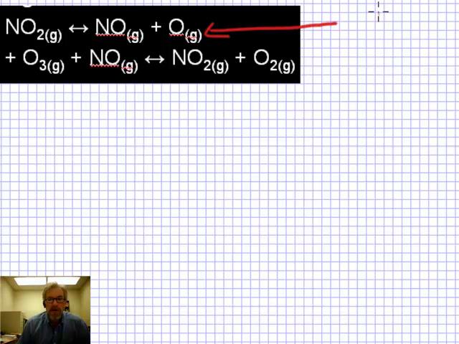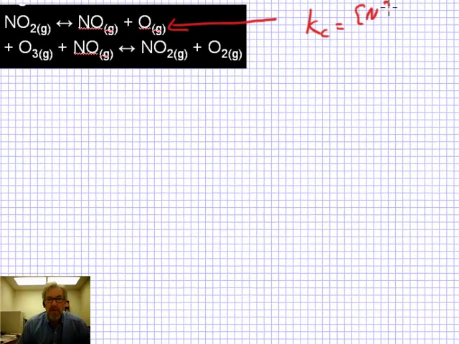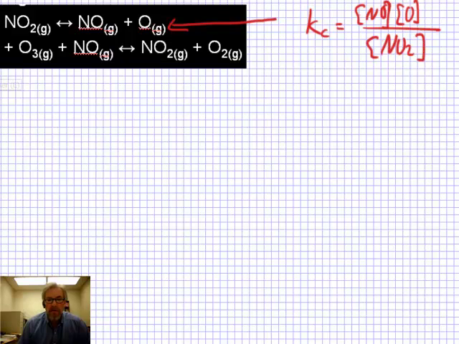Kc is concentration of NO times concentration of O divided by concentration of NO2. For this second reaction, Kc is equal to concentration of NO2 times concentration of O2 divided by concentration of O3 times concentration of NO.